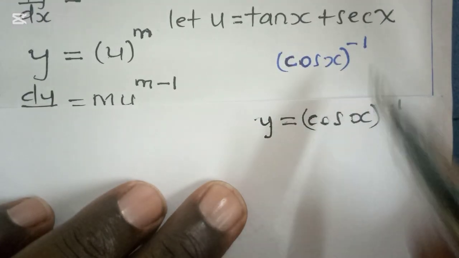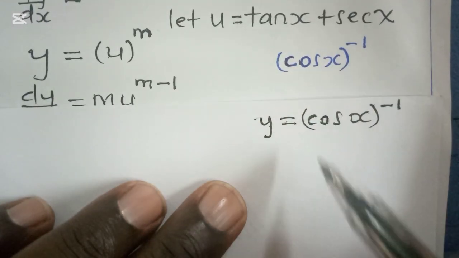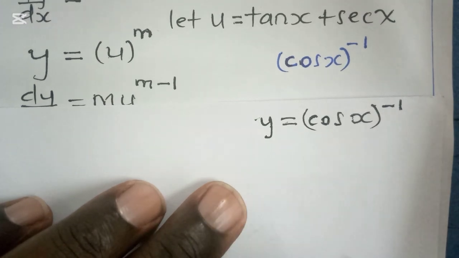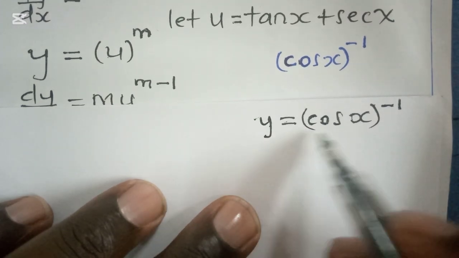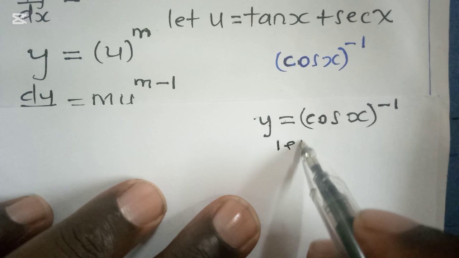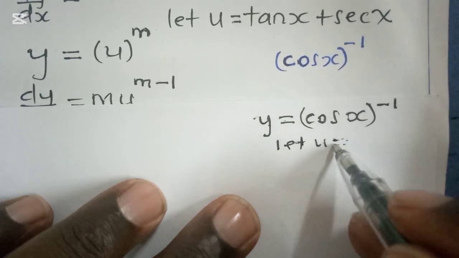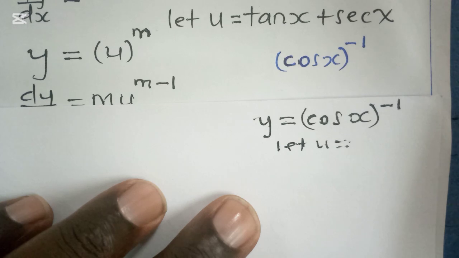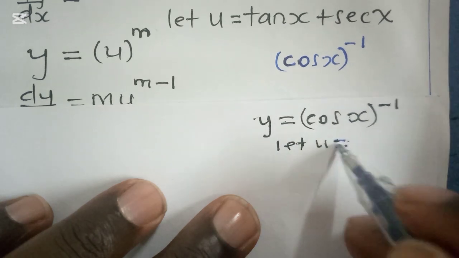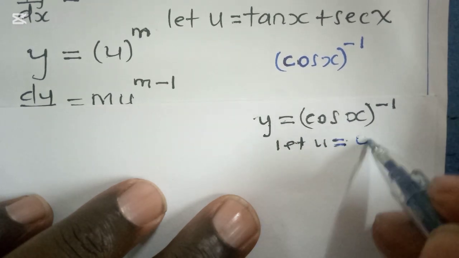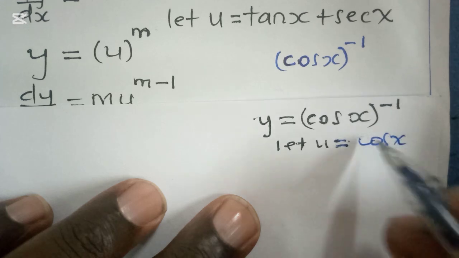We can also use the chain rule for this, whereby we say let u be equal to cos x.